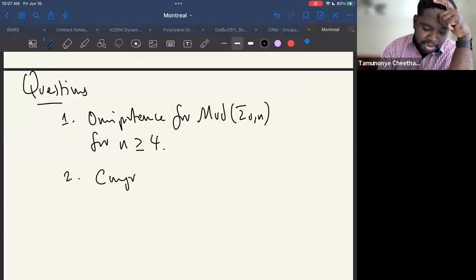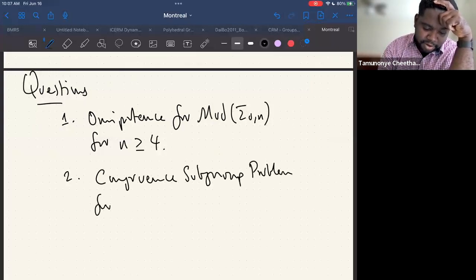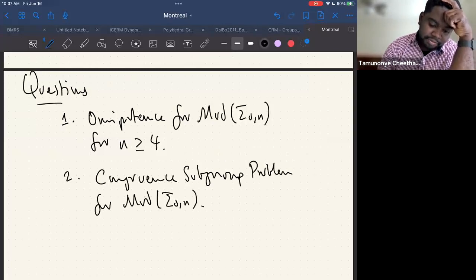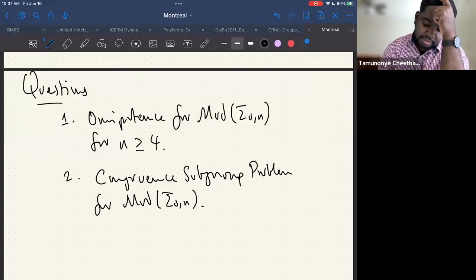Congruence subgroup property problem for mod sigma 0 n. So again, there have been approaches using algebraic geometry. So that's the work of Diaz, Sonagi, Abeda.